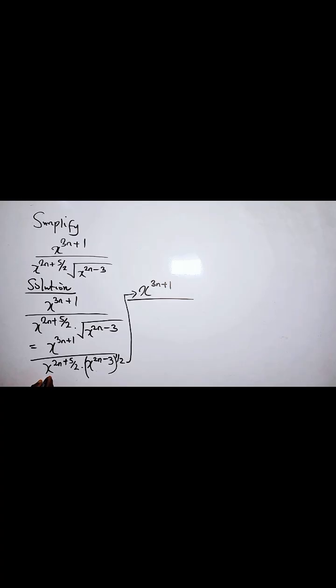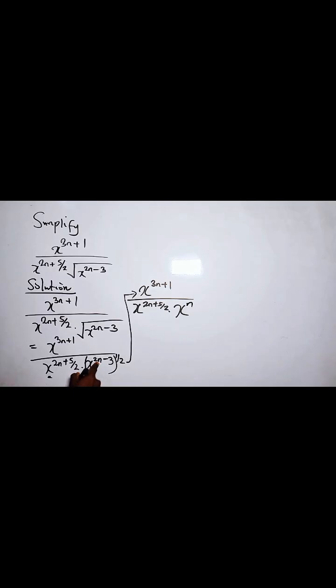Now we have the same base at the denominator, but before then, let us have this as x raised to power 2n plus 5 over 2 times, so let us open up this. We apply the exponent rule by multiplying the power with the external power. So for 2n times half, we have n.